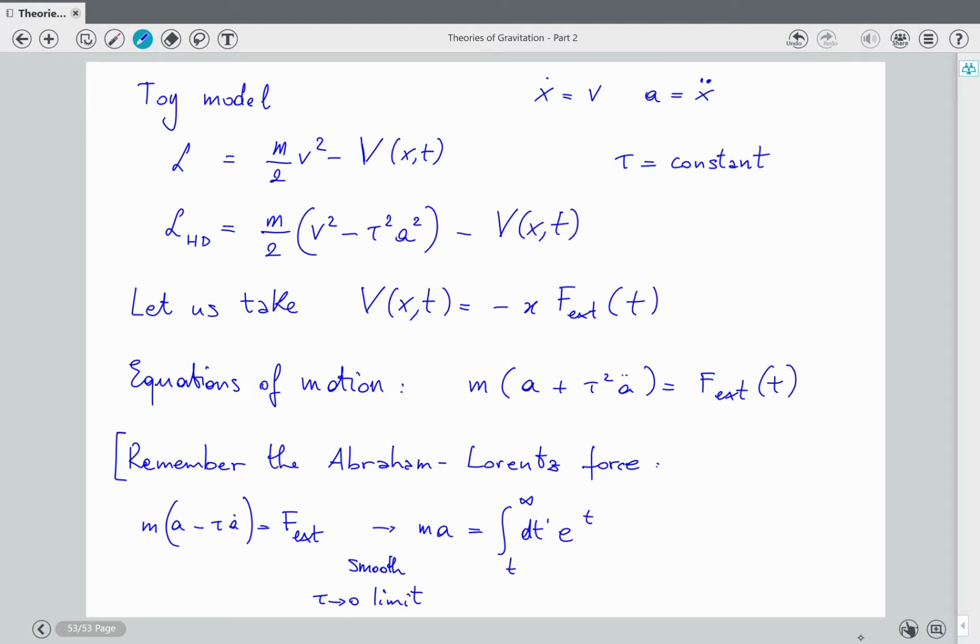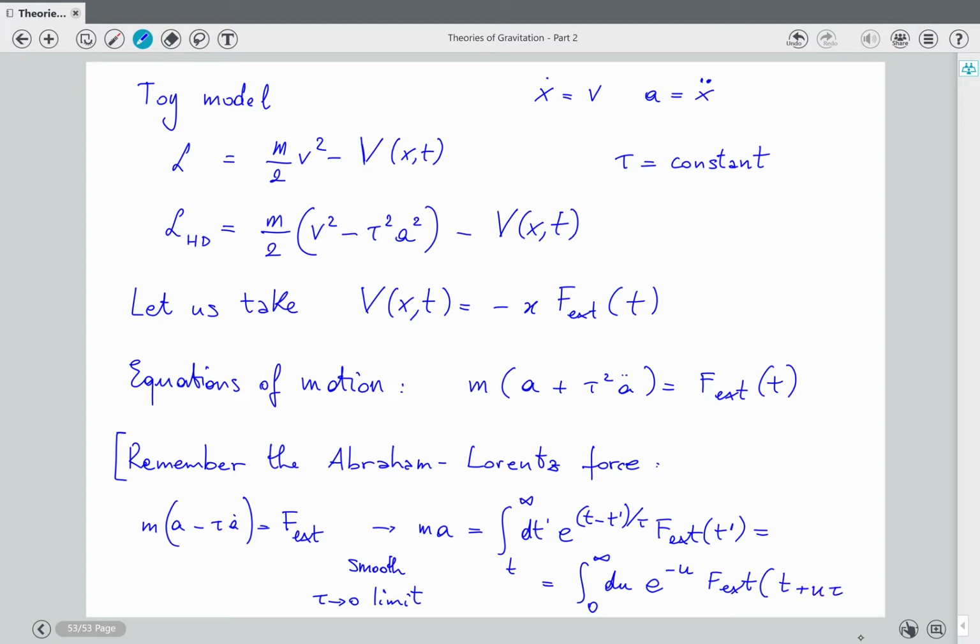Because in the end, you had this kind of expression, which can also be written in a way that shows analyticity in tau.